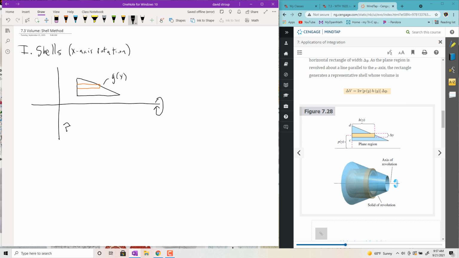The Riemann man is going to run up the flagpole in this orientation and collect the volume of these new objects, which will be shells. So maybe integrating from C to D. In this picture, we may need an extra value here. Let's put A right here.